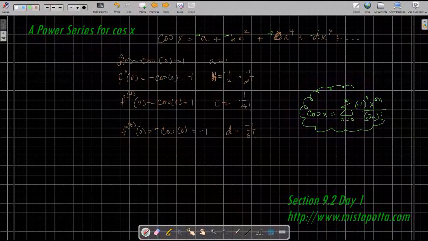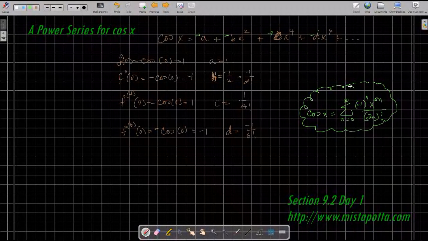And in fact, these three series that we've talked about for sine, cosine, and e to the x, these are really good series to memorize for the AP exam, because we do see lots of combinations involving sine, cosine, and e to the x using these power series.